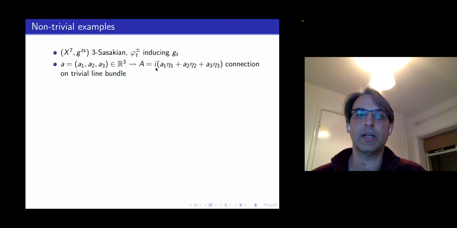So we're going to write it as I times A1 e to 1 plus A2 e to 2 plus A3 e to 3, where we recall that the etas are the left invariant coframe on the three-dimensional fibers of X7 thought of as a fibration over a four-dimensional anti-self-dual Einstein four-manifold.